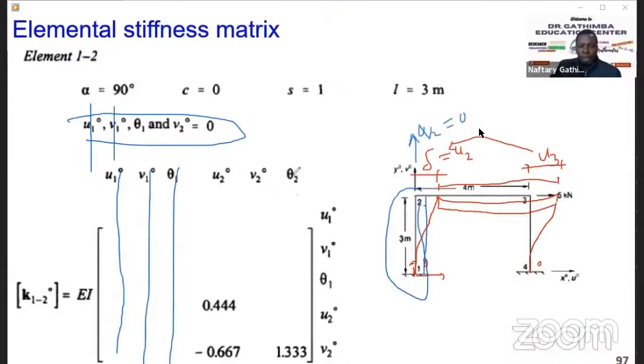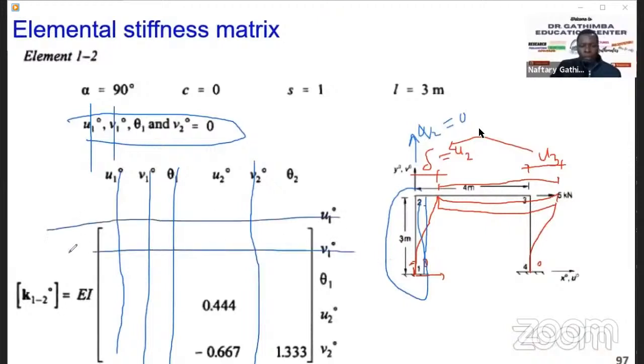I'm doing this because we have already covered quite a lot in the previous workings, and therefore we can move comfortably. Remember, this is not theta, this is for this part. So we can move comfortably, removing those components, the ones associated with U1, V1, theta 1. We'll be left with U2 and theta 2. So even V2 here, the V2 is removed.